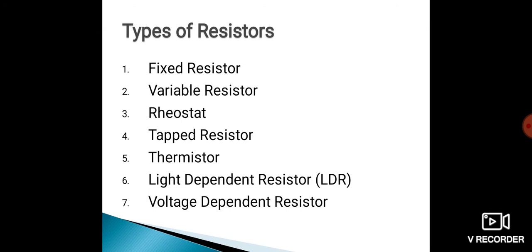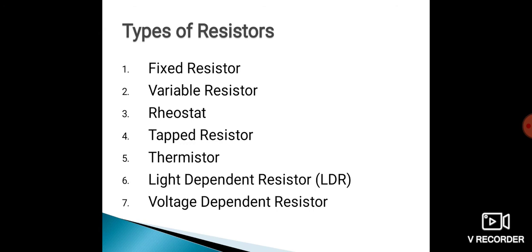Next is light dependent resistor, that means the value of resistance depends on the light, the heat produced by the light. So it is called as a light dependent resistor. As the light increases, the value of resistance also increases, and as the light decreases, the value of resistance also decreases. And voltage dependent resistor: the value of resistance depends upon the voltage applied.